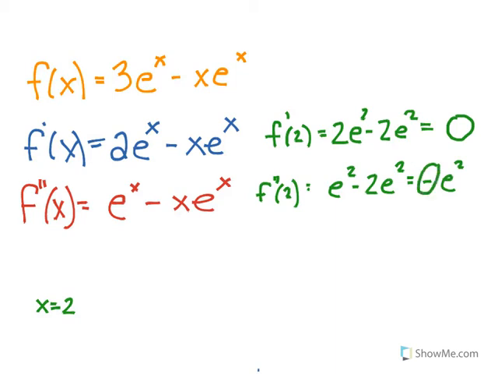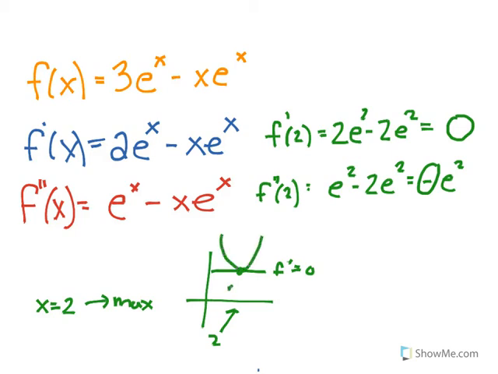So I know that x equals 2 is a max because the first derivative at 2, meaning the slope at 2, is 0. And the graph is concave down because of that negative sign. So therefore I know I have a max.